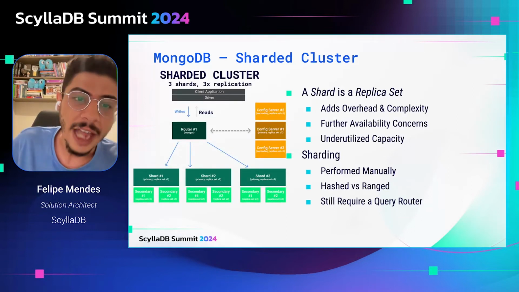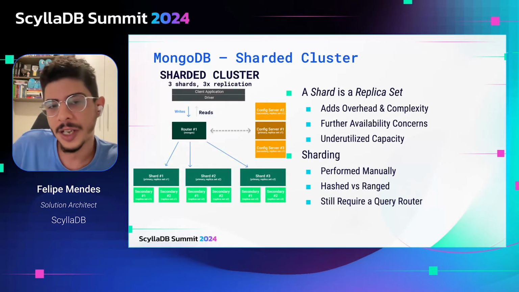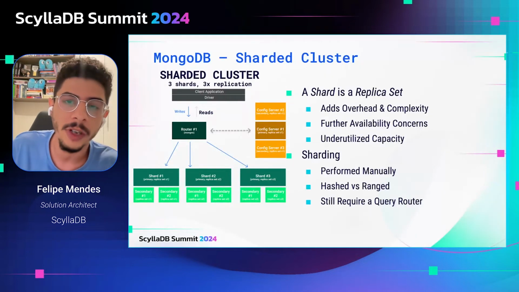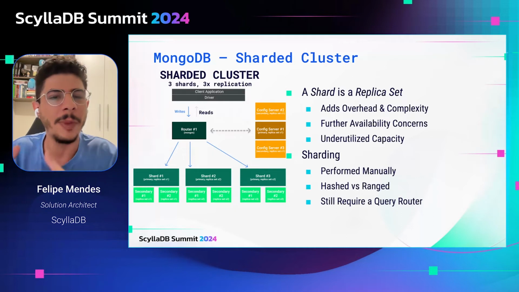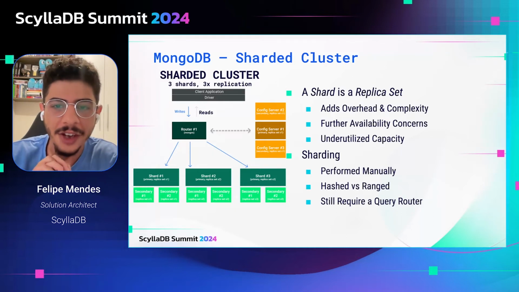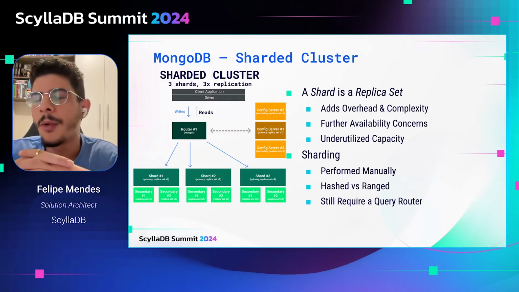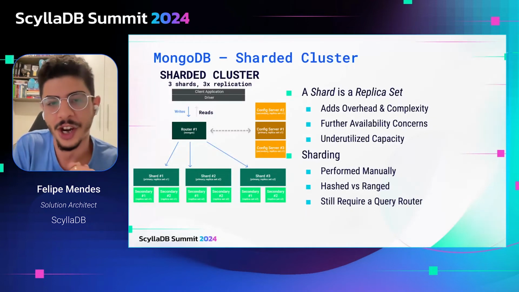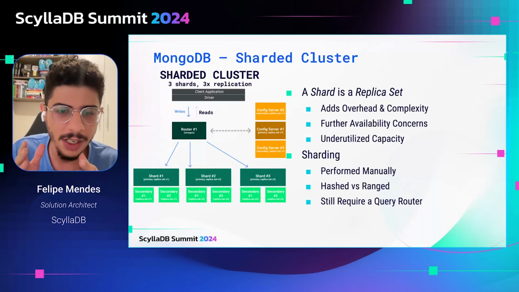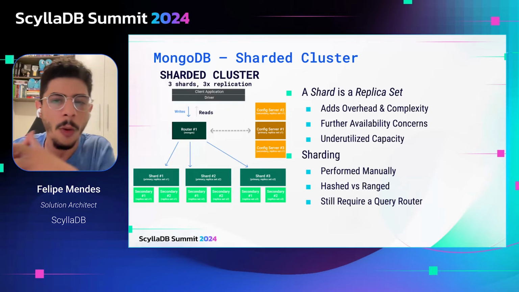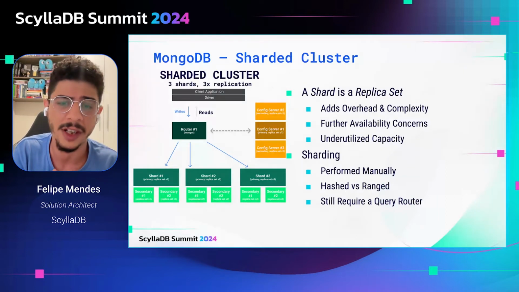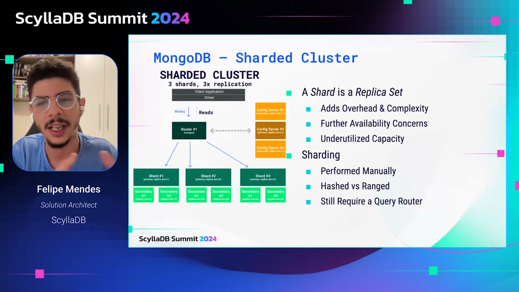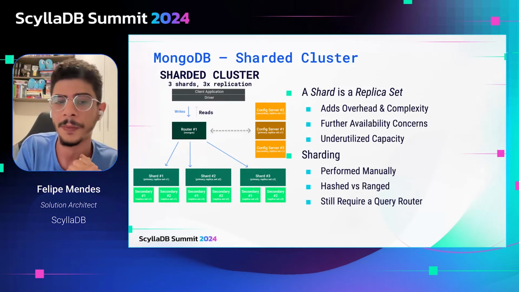Well, if that's your case, then you will be introduced to the wonderful world of MongoDB sharded clusters. In a nutshell, a MongoDB sharded cluster is basically a collection of replica sets where each replica set is a shard. And this topology introduces additional components such as query routers and additional configuration servers, which hold internal metadata details about your topology.